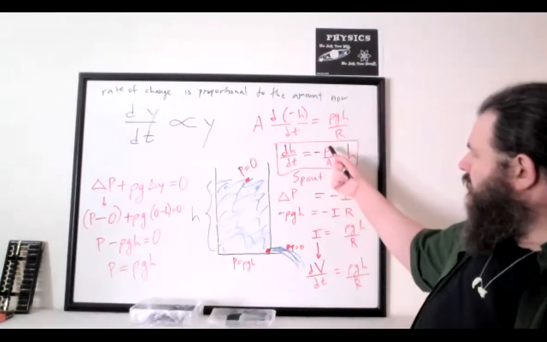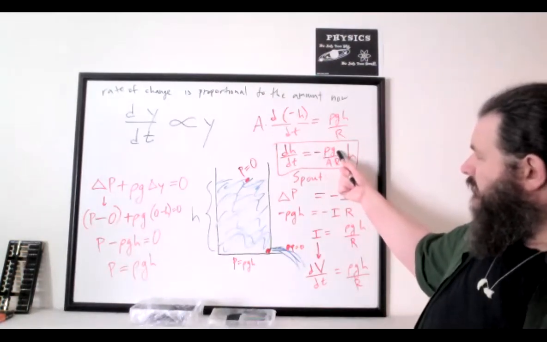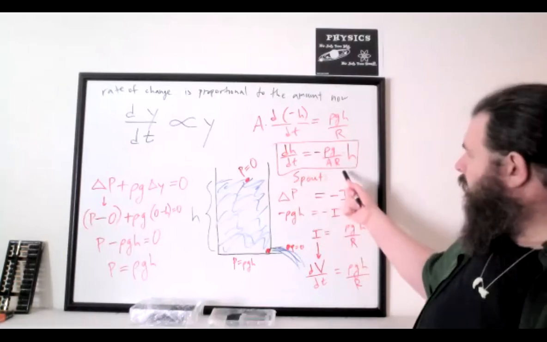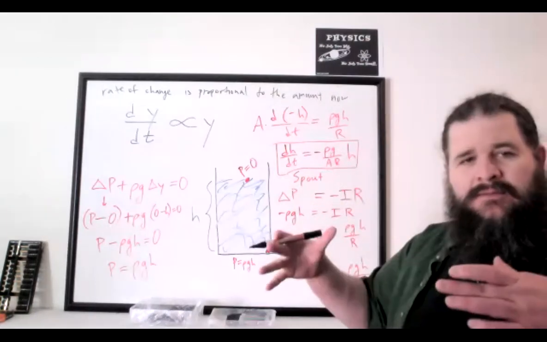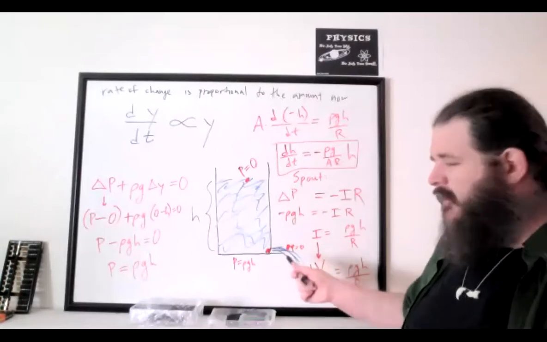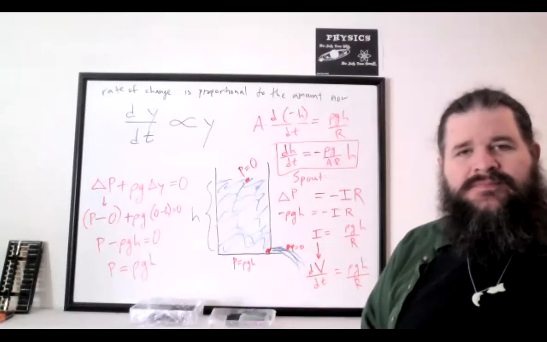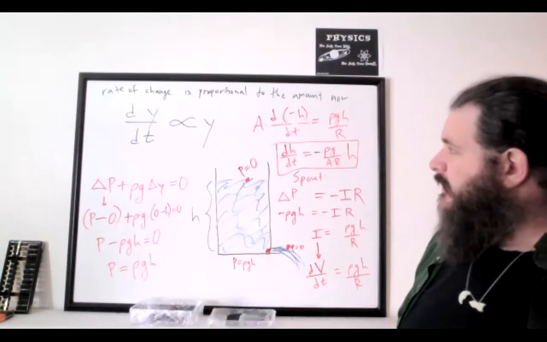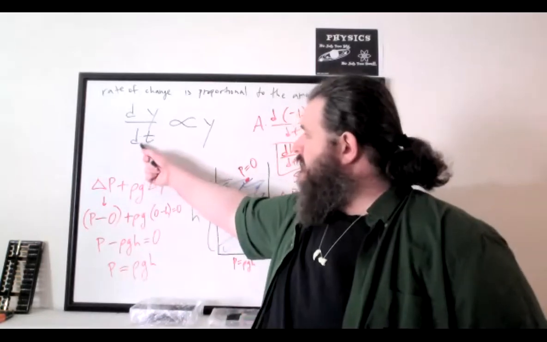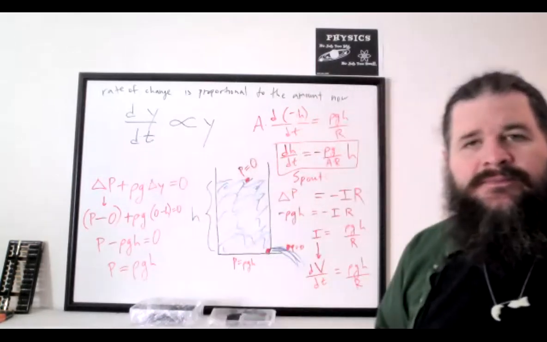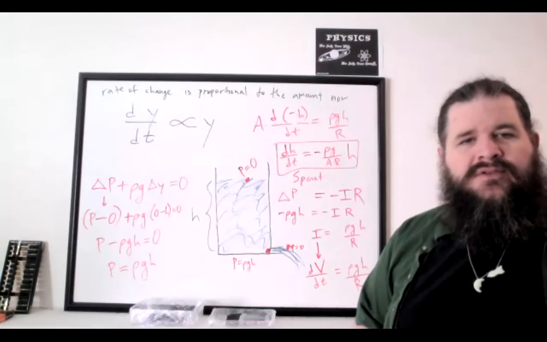So for instance, denser fluid and stronger gravity would make it drain faster. Wider area or more resistance in the spout would lead to slower change. But this still in general follows this pattern: the derivative of the function is proportional to the function itself. Any questions on that so far?